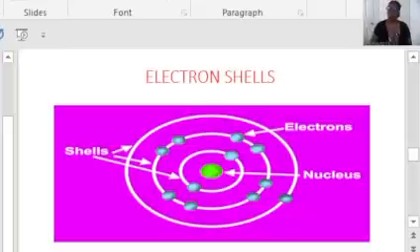We also learned that the second shell holds a maximum of 8. So now you have 8 on this one. So this shell is quite full. It's booked out. And we see them represented as pairs here. So that's a full shell.